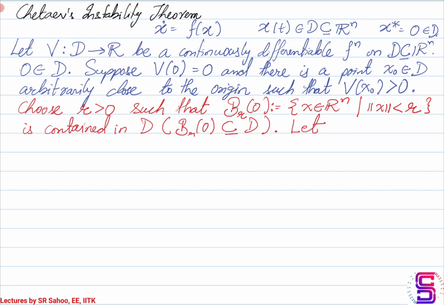So let U be a set where it contains points from the ball that you have identified. And what are those points? They are points where V of x is positive.